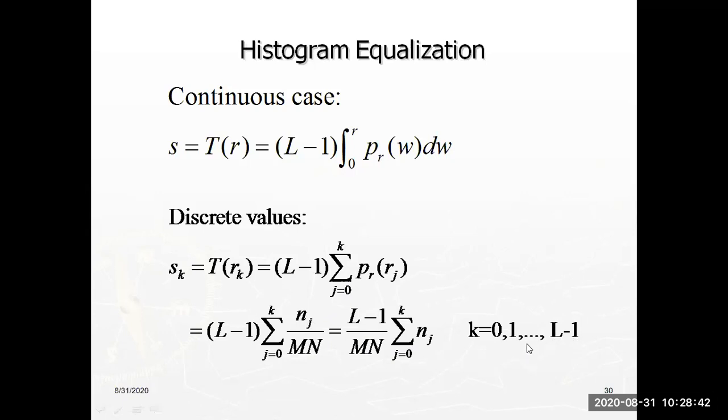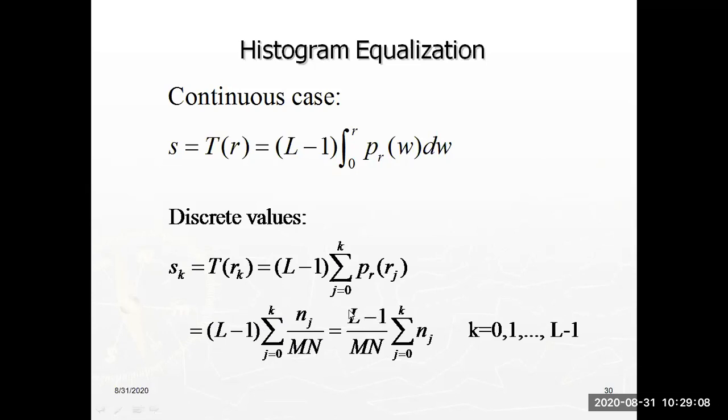So definitely, depending upon our number of pixel values or intensity values, it can be calculated for the discrete histogram. Remember, this is the continuous or analog histogram, but this is discrete or digital.